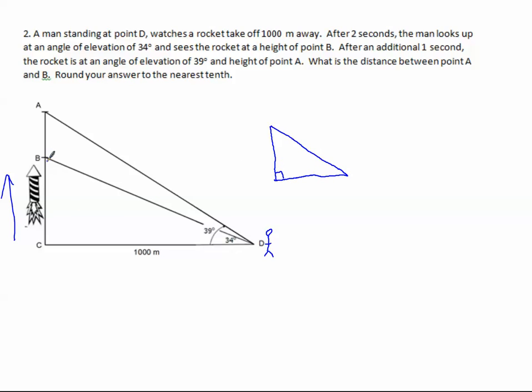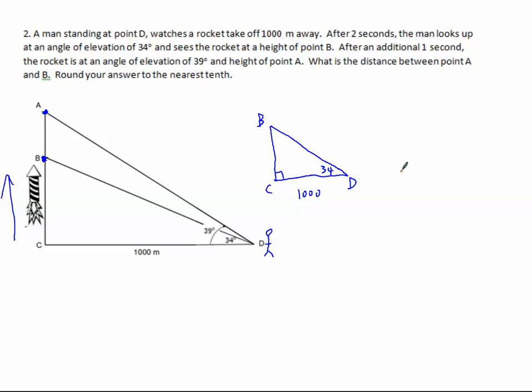So you'll notice when it stops the first point right here, it is at point B. So C and D are the bottom. B is here. 1,000 meters is there, and a 34-degree angle is here. At point A, the only thing that changes is this point and the fact that it's a 39-degree angle.